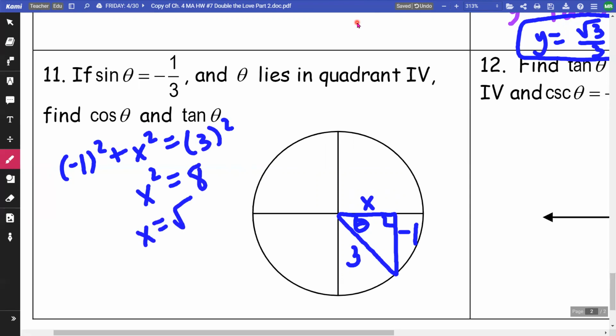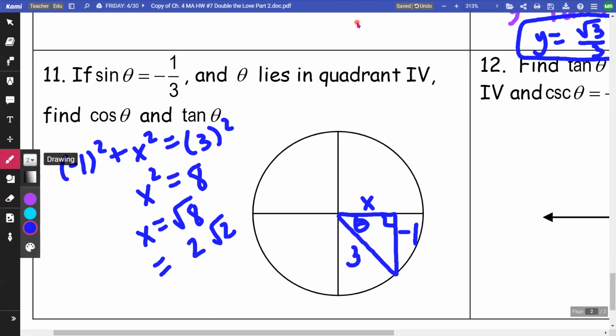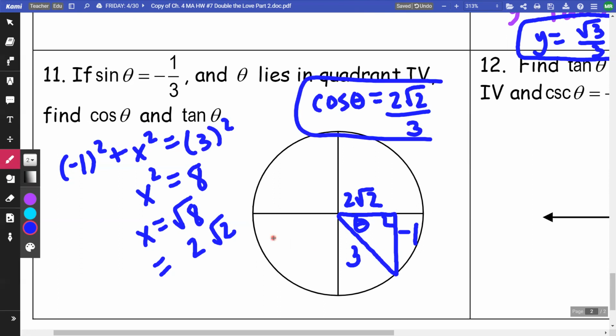When I take the square root of 8, I can actually clean that up because it's really a √4 times a √2, and a √4 is just a 2. So this over here is going to be 2 √2, and it's positive because of the direction it's in. So then when I think about cosine, cosine is adjacent over hypotenuse, okay? And tangent, here I'm going to do tangent in a different color just so we can see it.